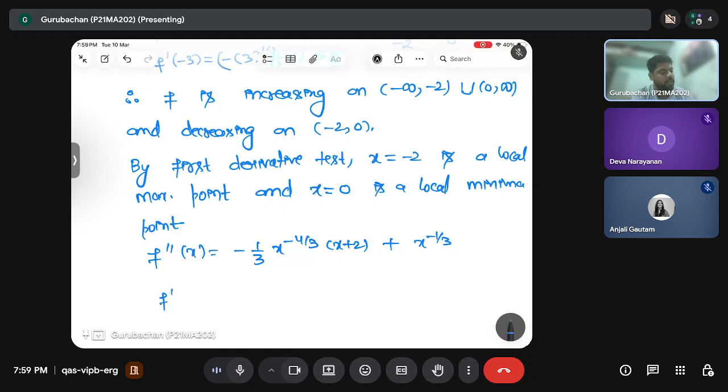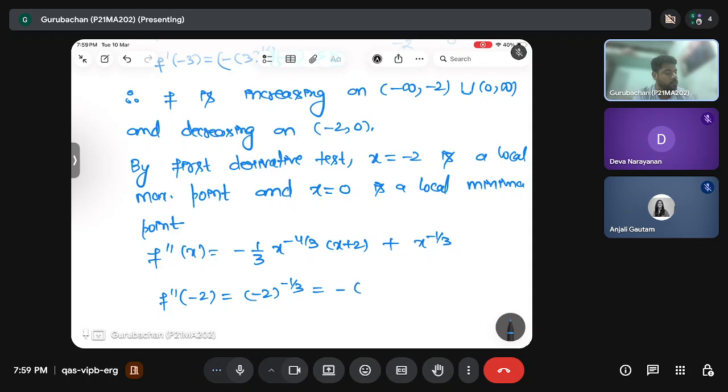So f double dash at minus 2, this will give you minus 1 by 3, 2 to the power 4 by 3 with negative sign, and minus 2 it will be 0. So this factor will be ultimately 0. You can just say that at x equal to minus 2, this will be minus 2 to the power minus 1 by 3, which will be some negative number.